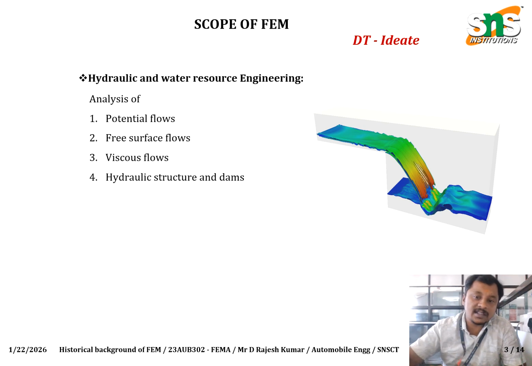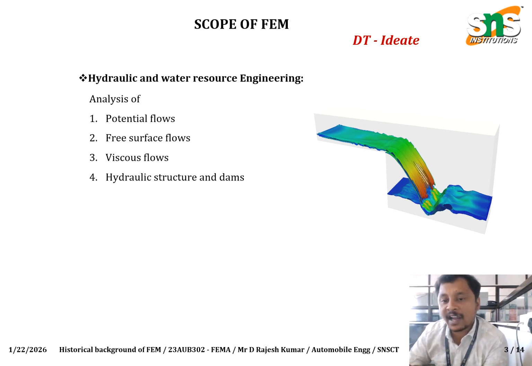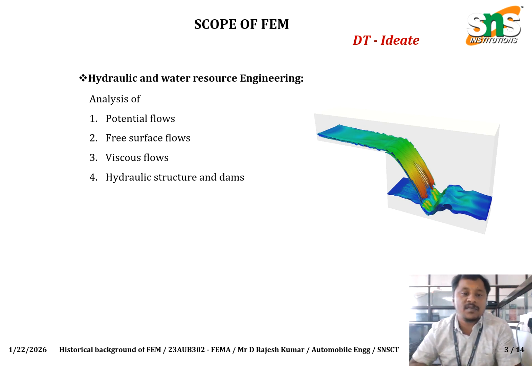And you can see here, this is about the analysis of hydraulics and water resource engineering. So here the flow of the water can also be analyzed, right? The flow can be analyzed, that is the potential flow, the free surface flow, the viscous flow.